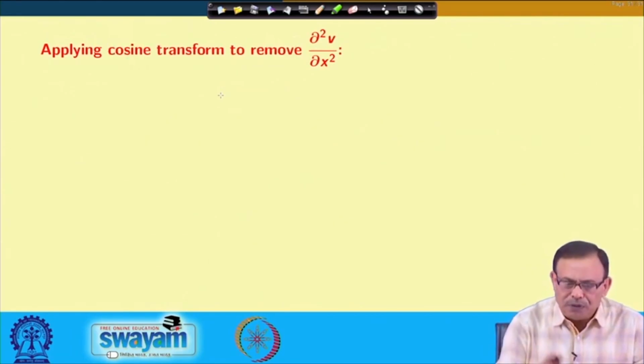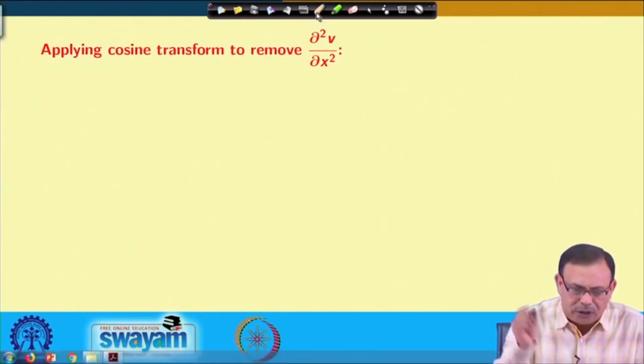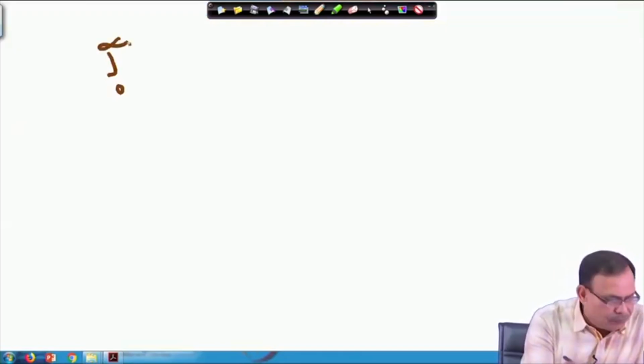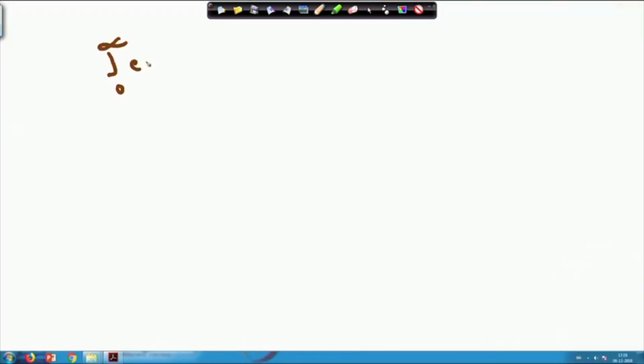Now, to remove this del 2 v del x square, let us start similarly from this position, 0 to infinity cos of alpha x into del 2 v del x square dx.